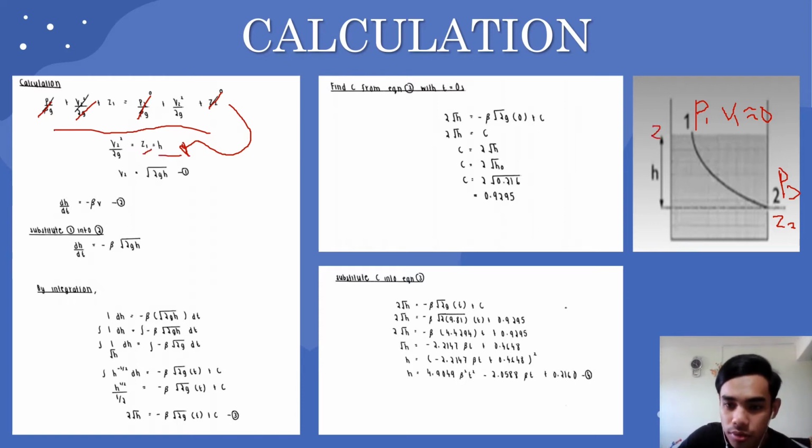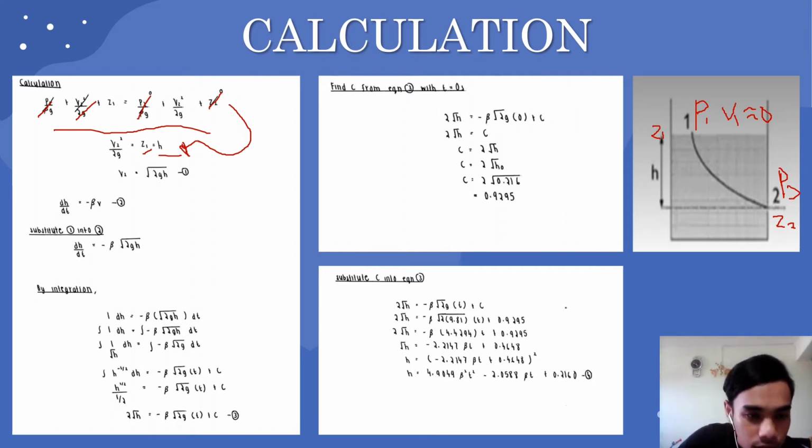Z1 is over here, which means Z1 is the height of the water level from the orifice, so Z1 is equal to H. In other words, velocity is equal to the square root of 2gh.